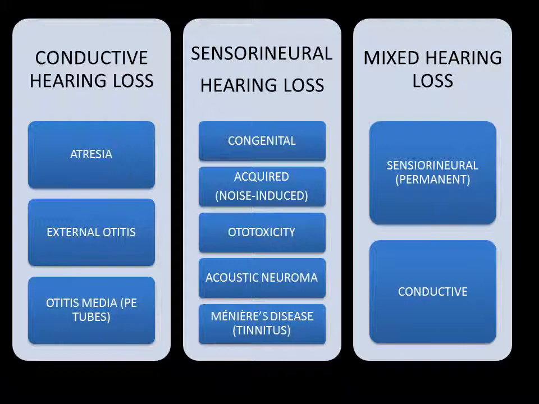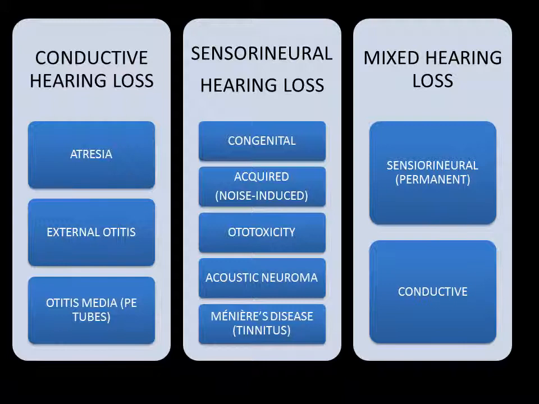Viral diseases such as chickenpox, mumps, and measles can cause it. Bacterial infections from untreated otitis media can lead to meningitis, an inflammation of the brain coverings, and cause hearing loss.